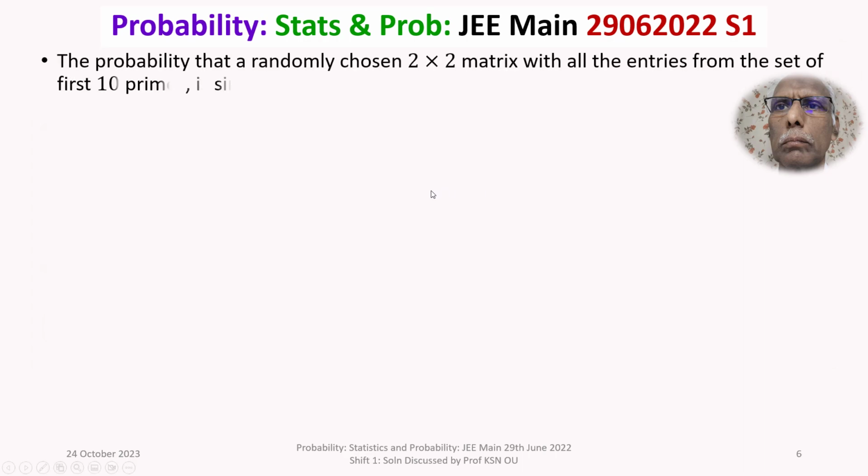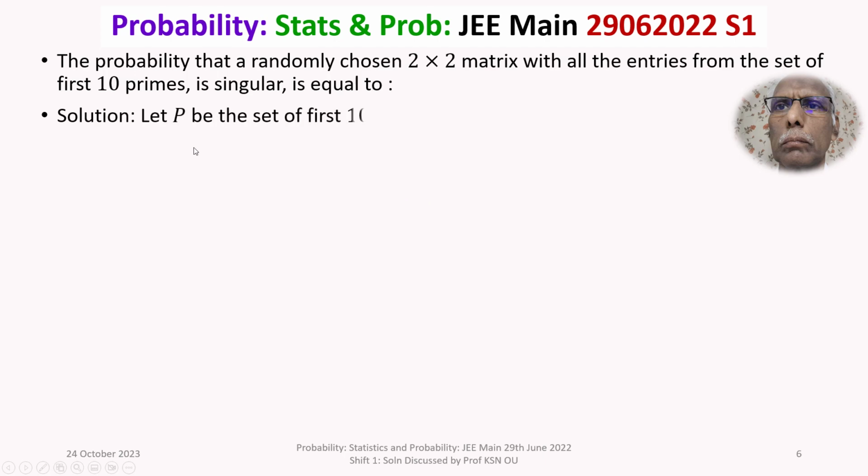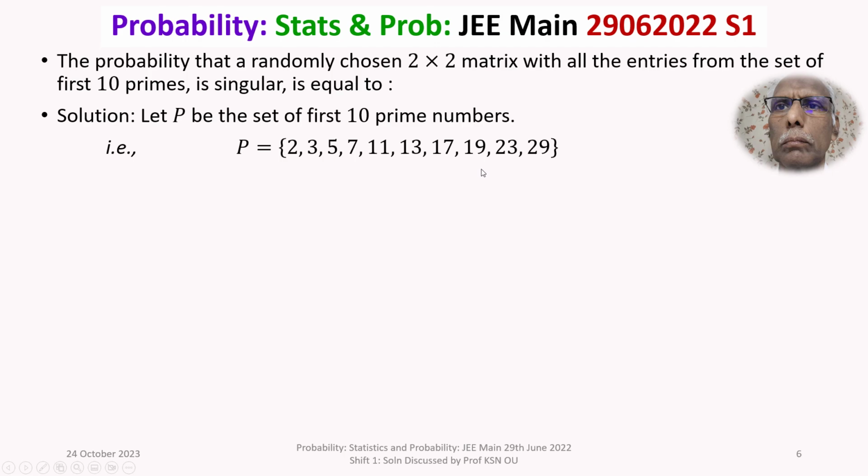We now discuss the solution of the problem in detail. Let capital P be the set of the first 10 prime numbers. P is equal to the set consisting of 2, 3, 5, 7, 11, 13, 17, 19, 23 and 29.